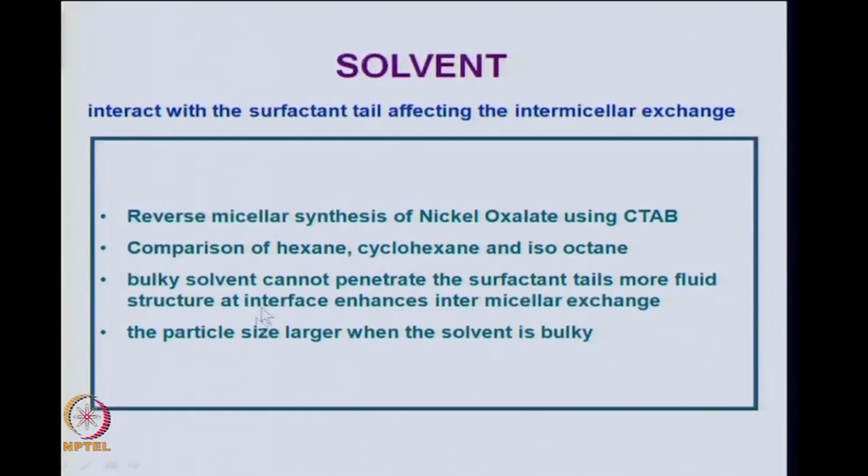In other words, whenever you have bulky solvent molecules, you have more fluidity at the interface and enhanced intermicellar exchange. And when you have enhanced intermicellar exchange, the particle size will be larger, and hence particle size is larger when the solvent is bulky.